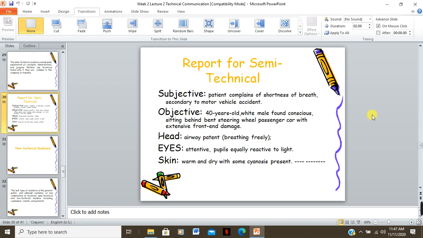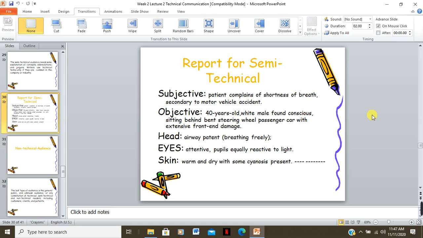Eyes, attentive. Previously, we had the abbreviation of the word attentive. Pupils equally reactive to light. PERL, P-E-R-L, we had that. It meant that the eye pupils of that patient are equally reactive to light. It means that there is no damage done to his eyes. Skin, warm and dry with some cyanosis present. That is, he might have had some injuries due to which he has cyanosis.